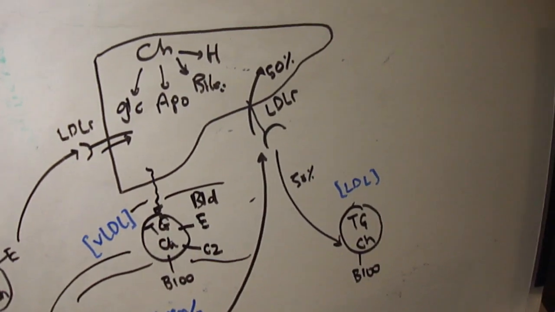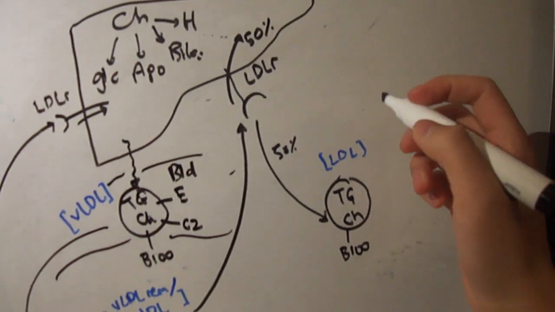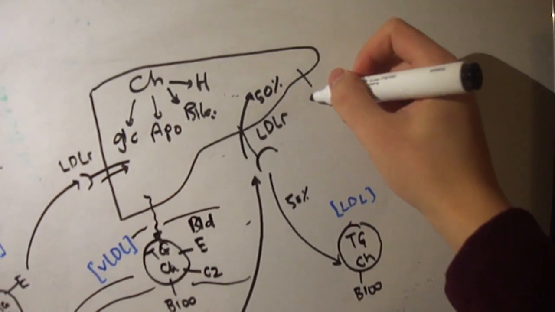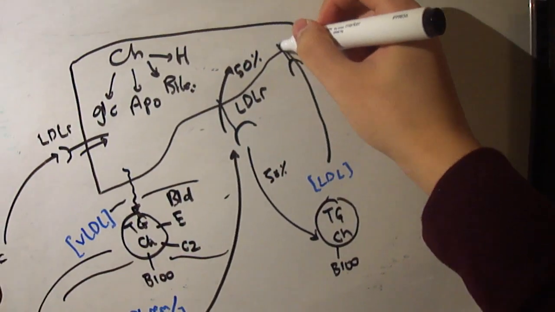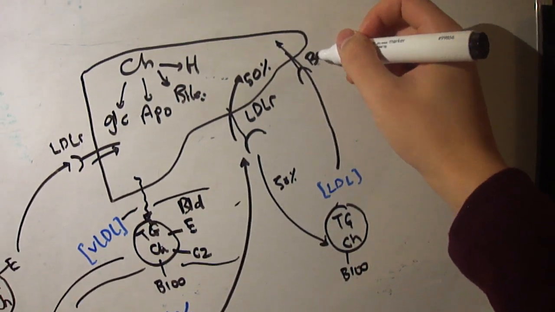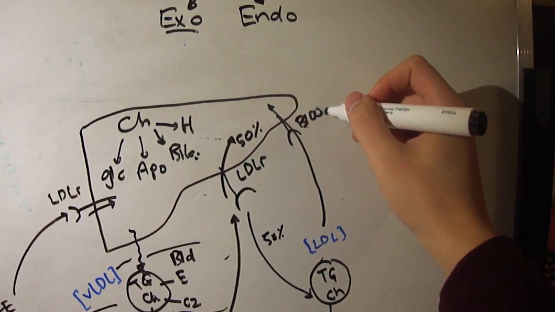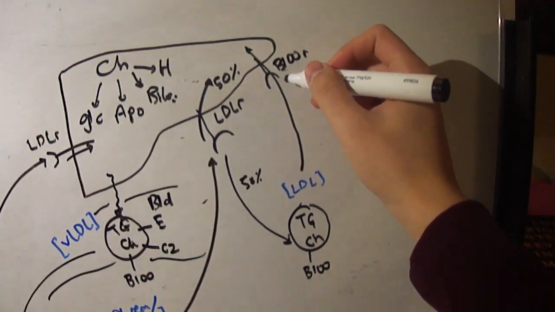Now, two things can happen to the LDL. The first is that 80% of it comes back to the liver and gets taken up by the B100 receptor.